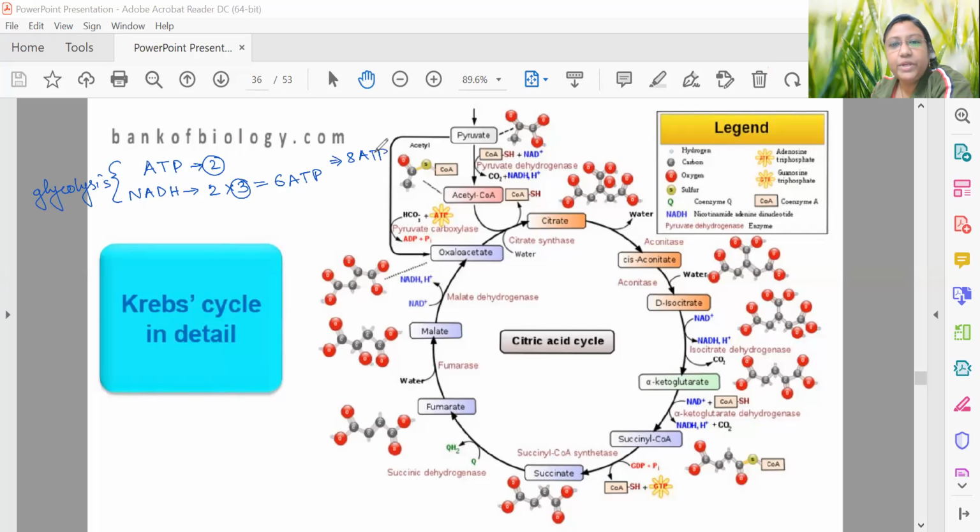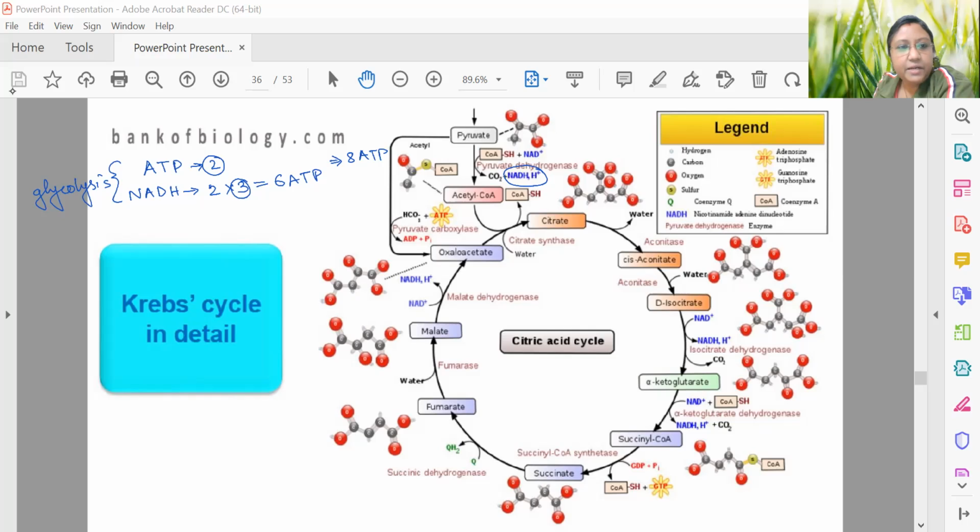Similarly, if I look into the intermediate pathway in which pyruvate is converted into acetyl-CoA, there is production of NADH. We have to remember that for conversion of one pyruvic acid to one acetyl-CoA, there will be production of one NADH plus. But we know that from one glucose molecule, 2 pyruvic acids are produced and 2 acetyl-CoA will be produced.